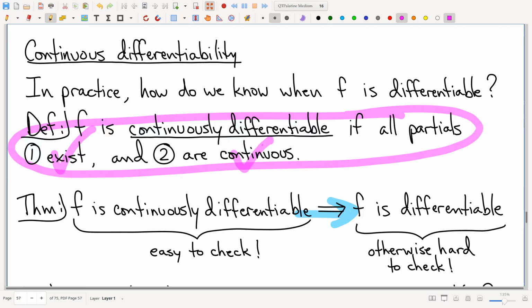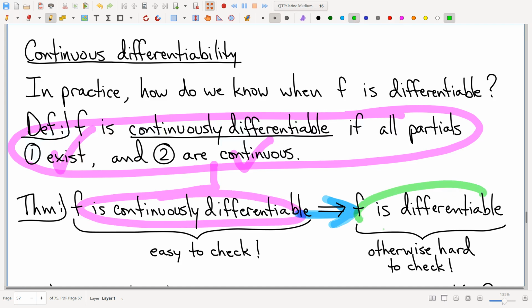So this pair of observations that we have this easy definition of continuous differentiability, and we have this implication here that every such easy to define continuously differentiable function, every single one of them is also differentiable. This is the workaround. If you find yourself needing to confirm that some function is differentiable, don't do that stuff on the previous page.